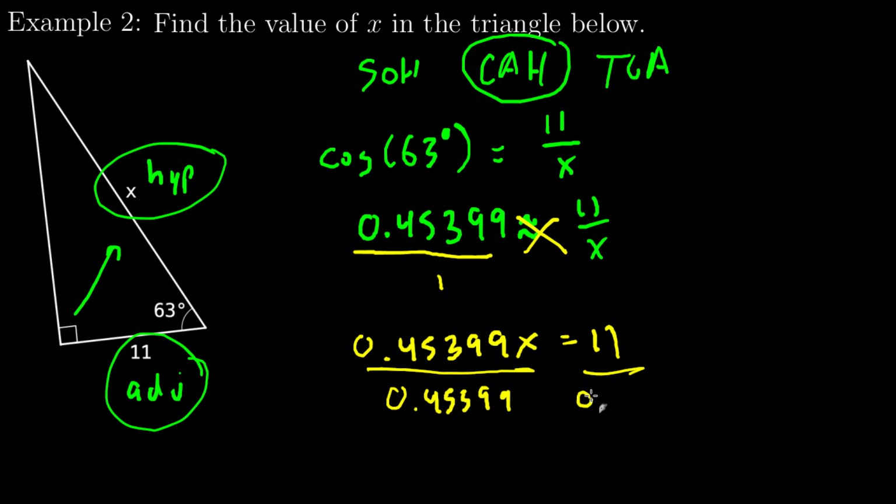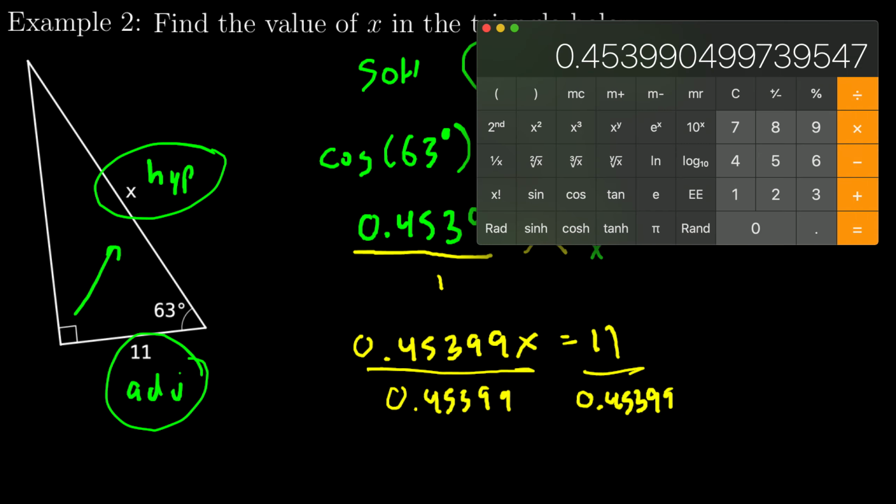And now I can just divide by 0.45399. Go to my calculator. So 11 divided by 0.45399. And I get about 24.2296.